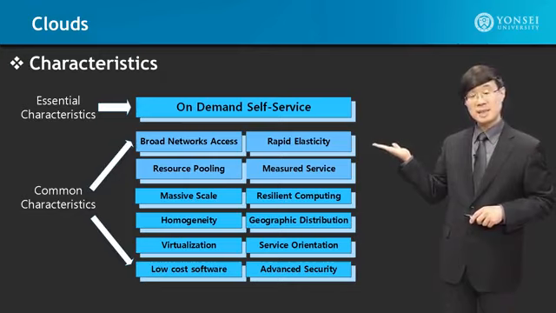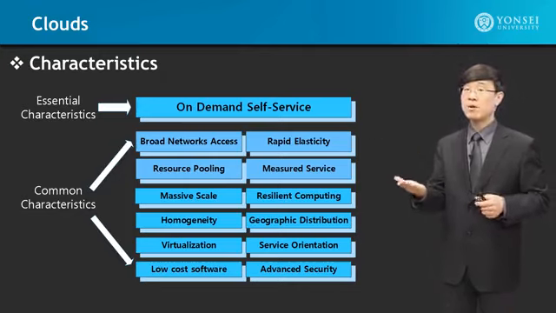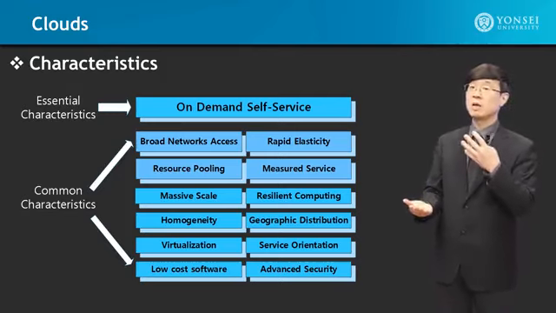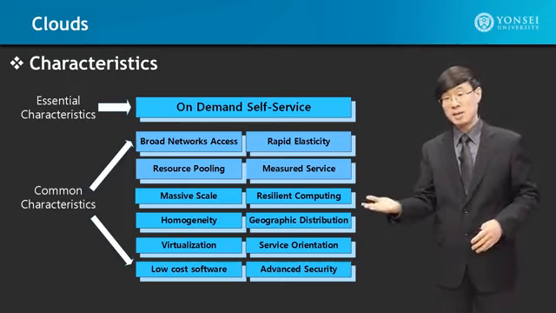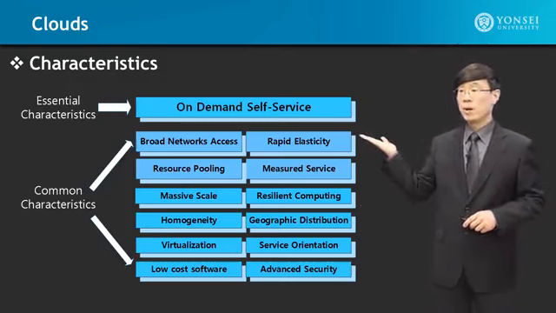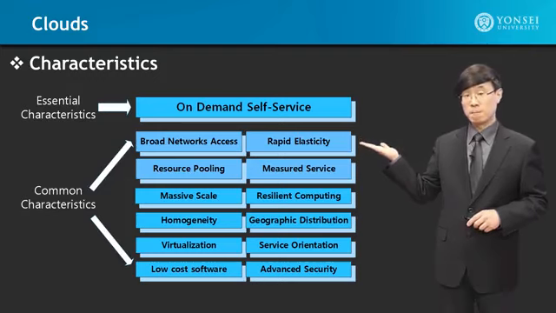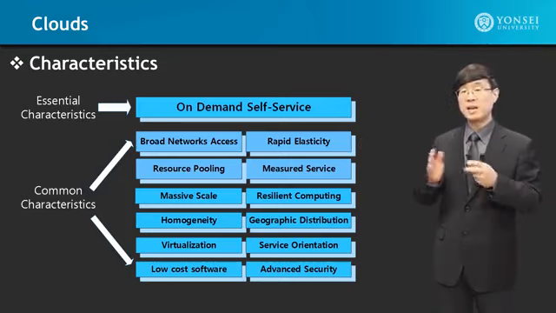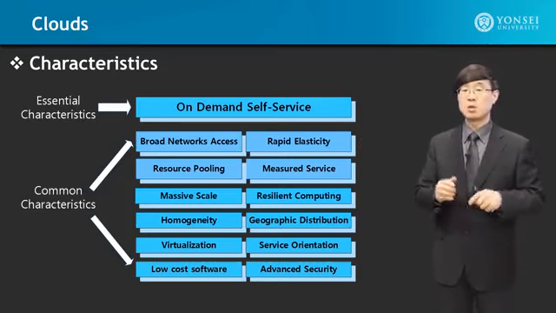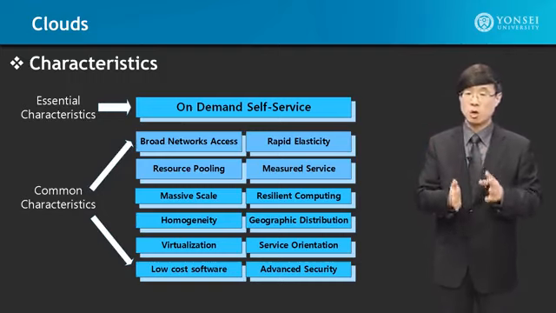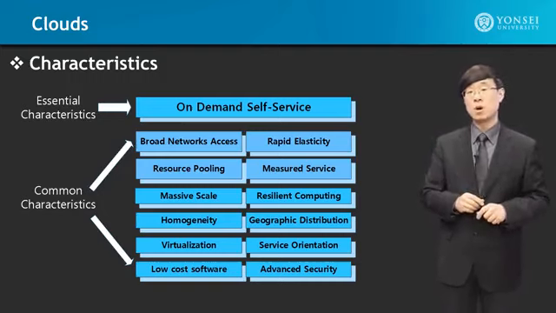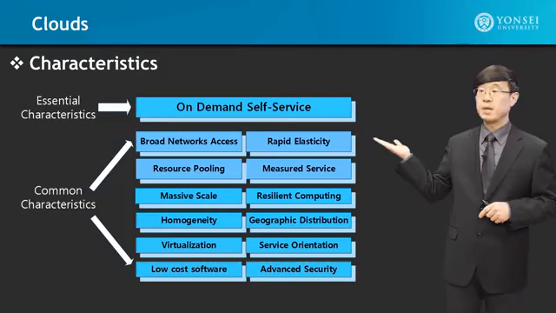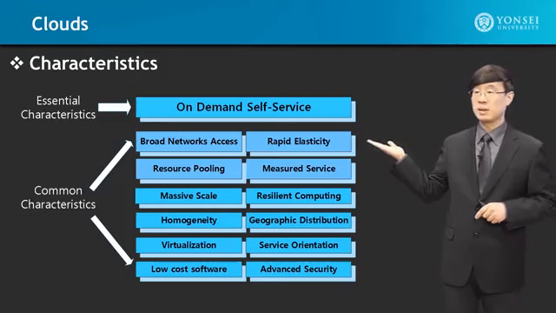Rapid elasticity. What this means is that there are various smartphones, various smart devices, various smart pads and smart tabs. When I download a cloud service, it needs to come into my computer or my smartphone and fit the configuration to the right amount of memory, the internal bus, the way that the display will work, so that it will work on my device. In order to do that, it needs to have this characteristic.